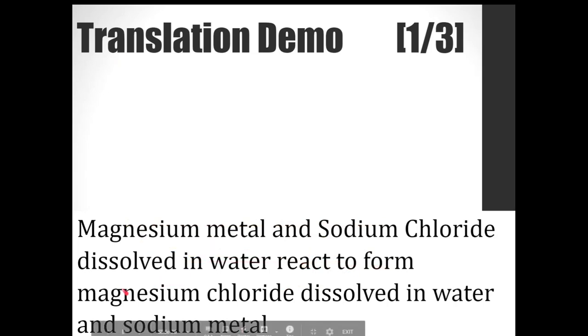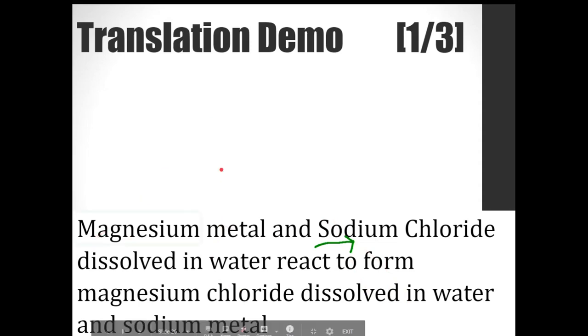It reacts to form this other stuff. So what you're looking for in step 1, for skimming it, is your verb, your action words. This says reacts to form, so that means the arrow is in the right direction, so we don't have to worry about that. If it says is produced by, then you'd be backwards, so you just need to be careful. So you skimmed, it's in the right order.